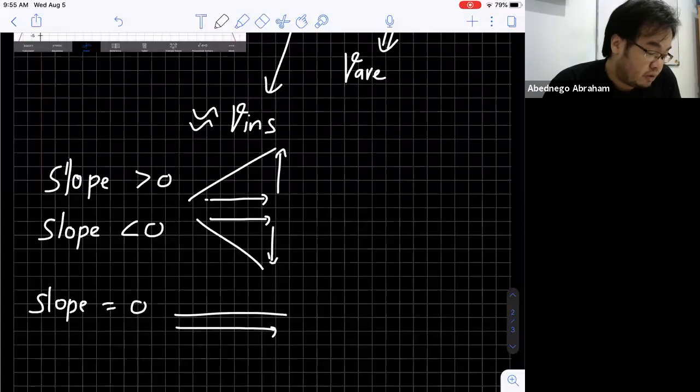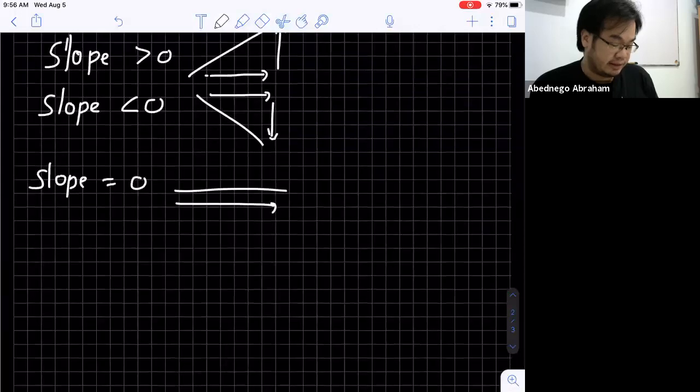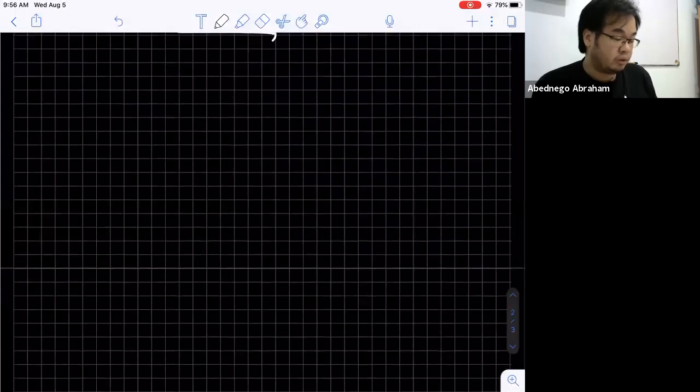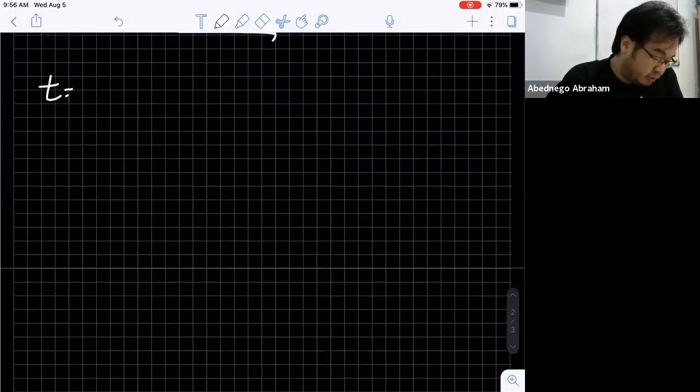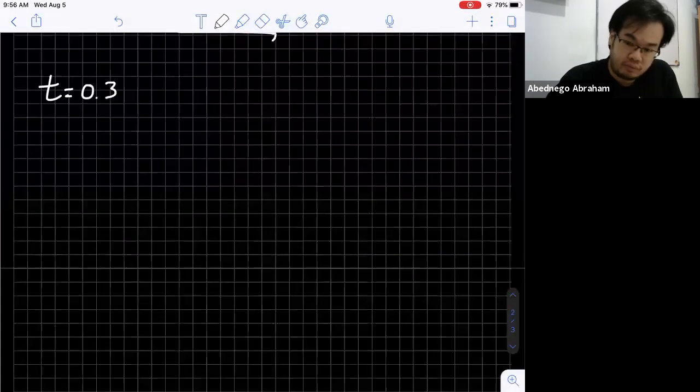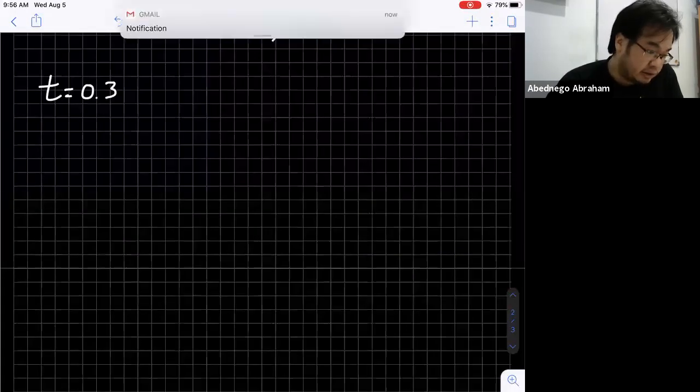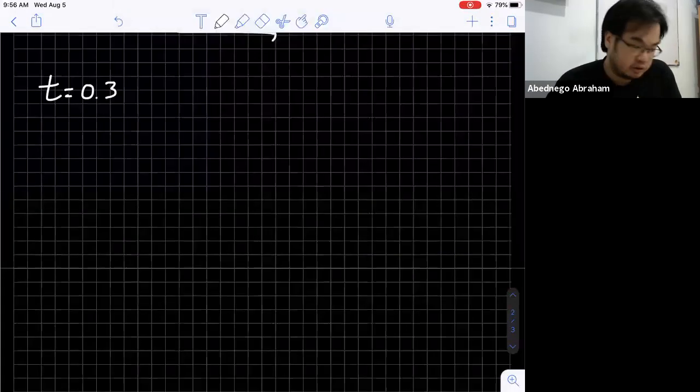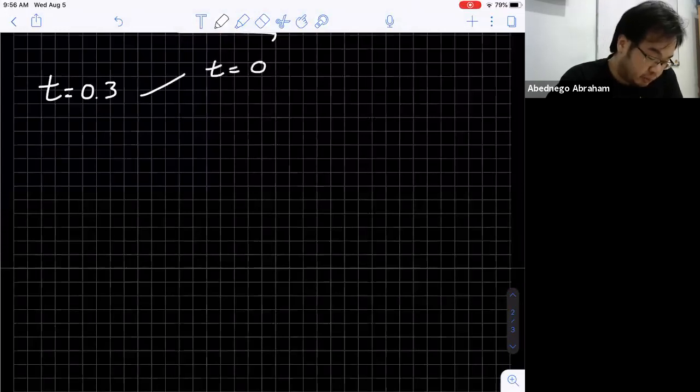Because we have only numerical data, what we can do is use the closest data that we have. So when t equals 0.3, because the interval given is only 0.1, we're going to use the data of t equals 0.2 and the data of t equals 0.4.